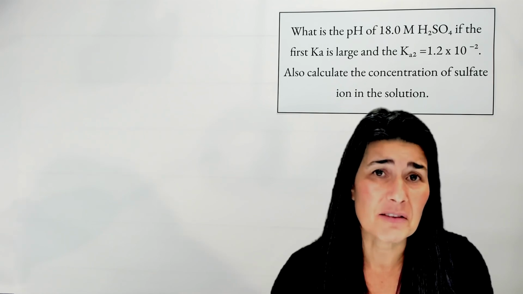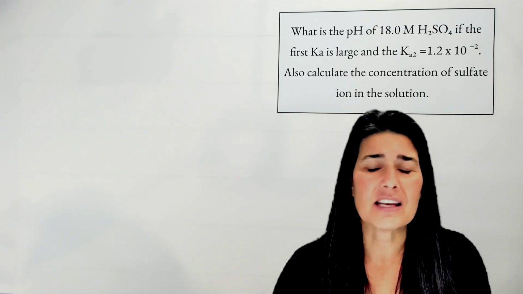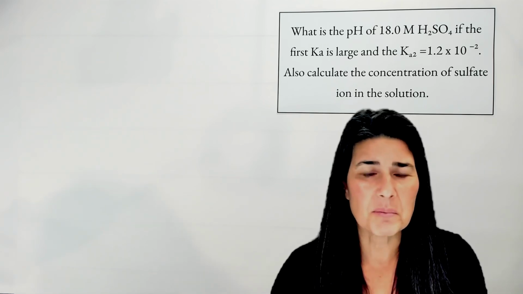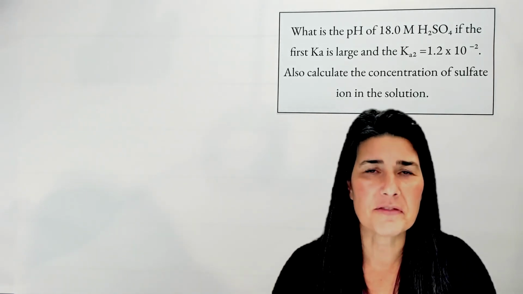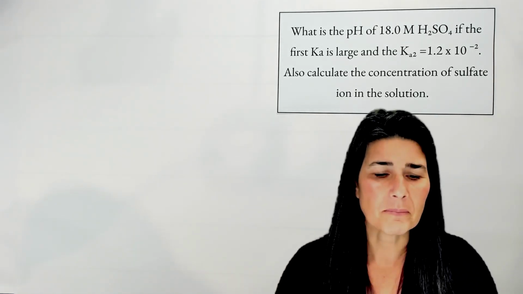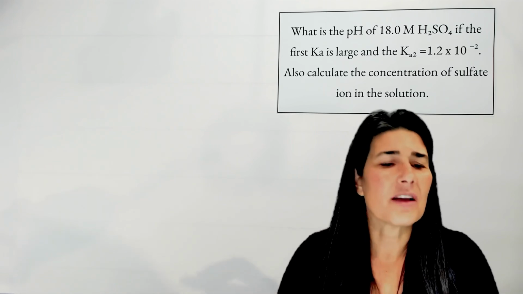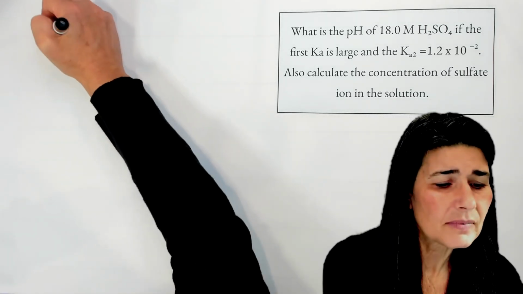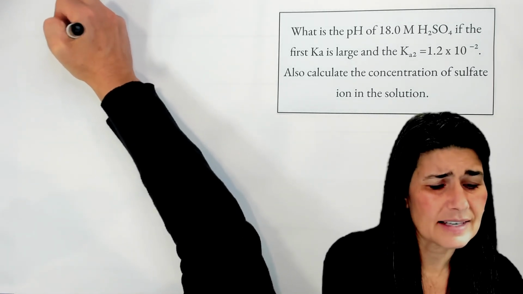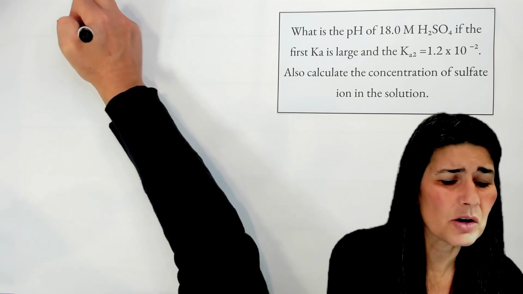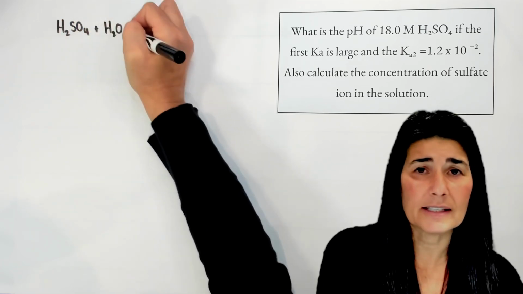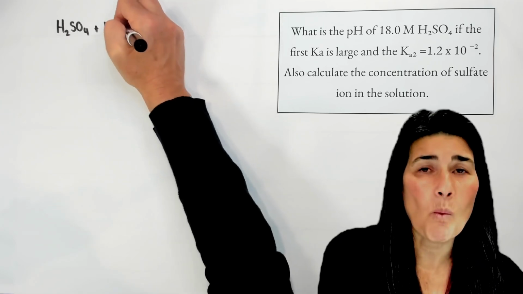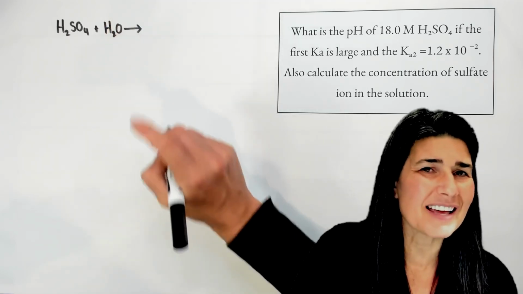It's pretty significant. So let's go ahead, use our data to find the pH and to calculate the concentration of the sulfate ion in solution. So let's start off with our sulfuric acid. Now, sulfuric acid, H2SO4, if you put sulfuric acid in water, it's going to dissociate 100%.